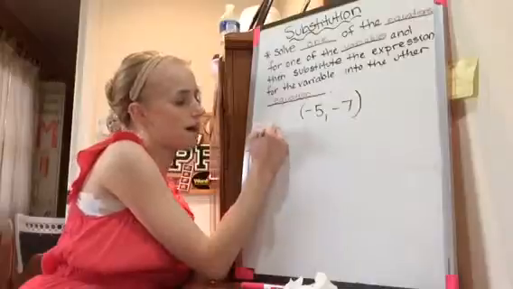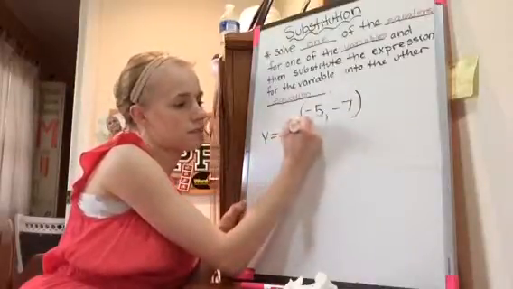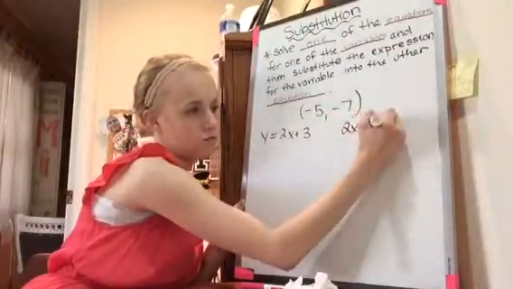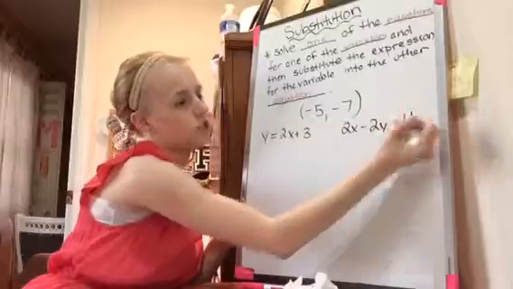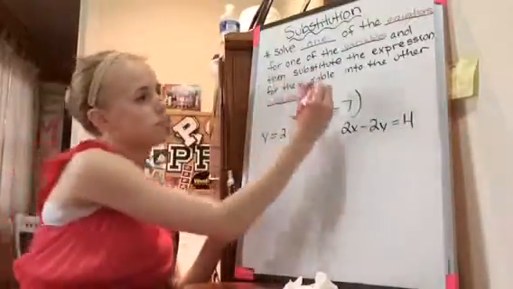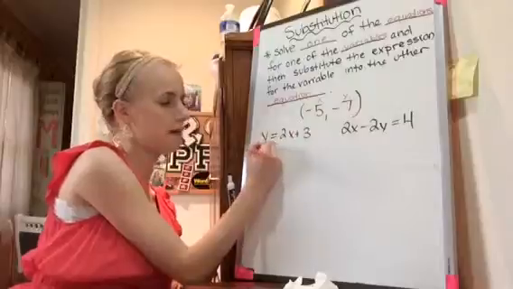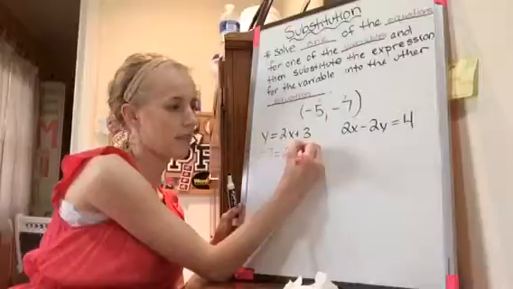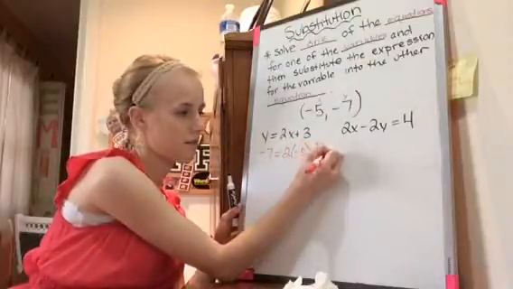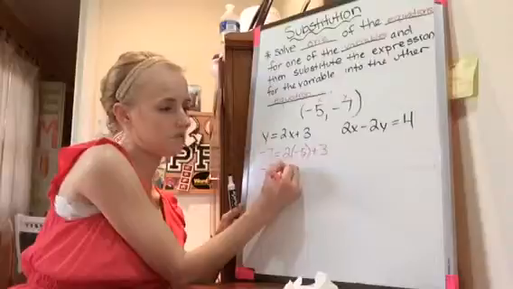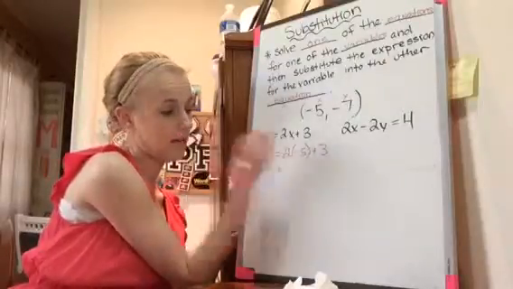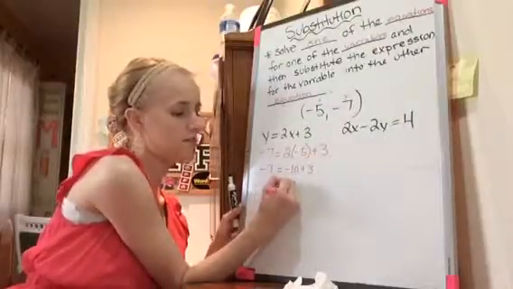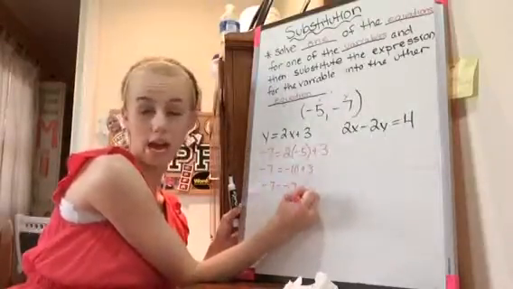So if I took my y equals 2x plus 3, well, remember x, y, so negative 7 should equal the same as 2 times negative 5 plus 3. Negative 7 equals 2 times negative 5 is negative 10 plus 3. Negative 7 equals negative 7. It checks.